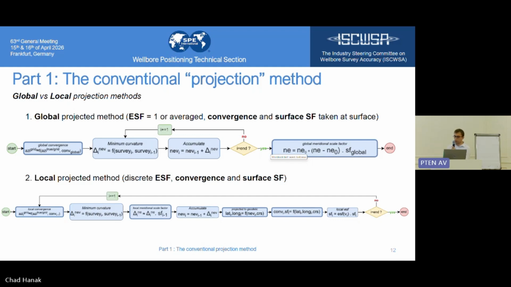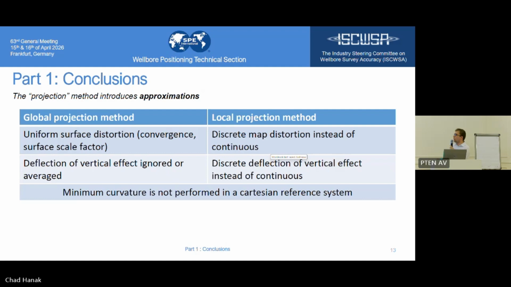Okay, so this is just the more refined flowchart of both algorithms. So what we can say is that this first method, whether it be global or local projection method, may introduce some approximations due to the fact that the Earth is not flat.